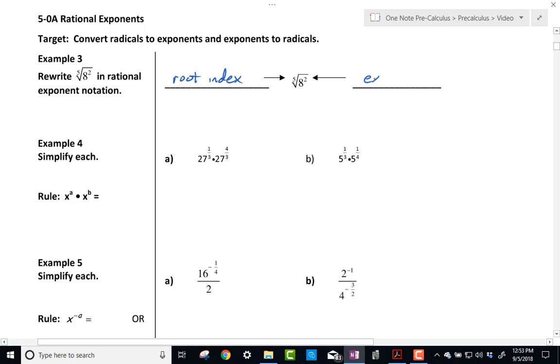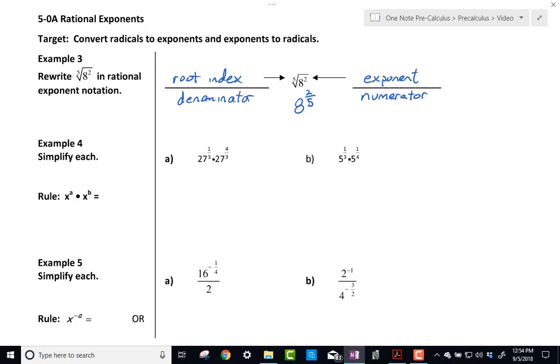My exponent on the 8 becomes the numerator in my fractional exponent, and the root index becomes the denominator. So the 5th root of 8 squared would be 8 raised to the 2nd power with a denominator of 5. Exactly the opposite of what we were doing.